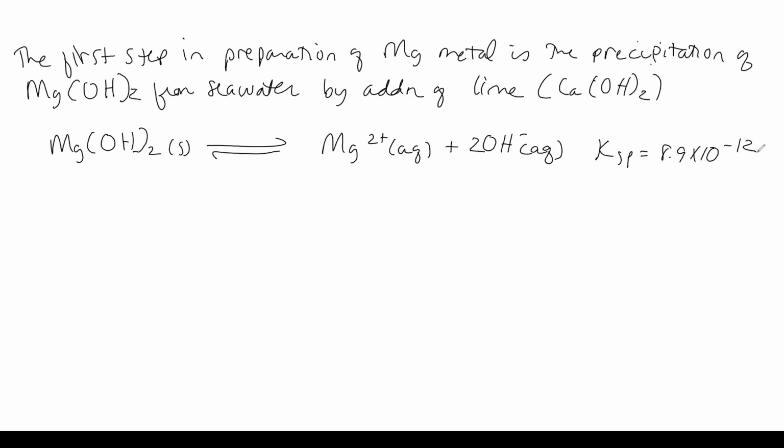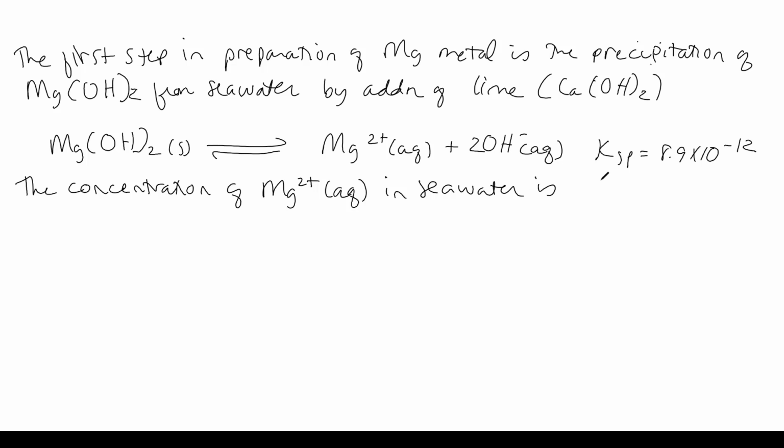Okay. All right. And another little piece of information that we're given, the concentration of magnesium cations in seawater is 0.0537 molar.